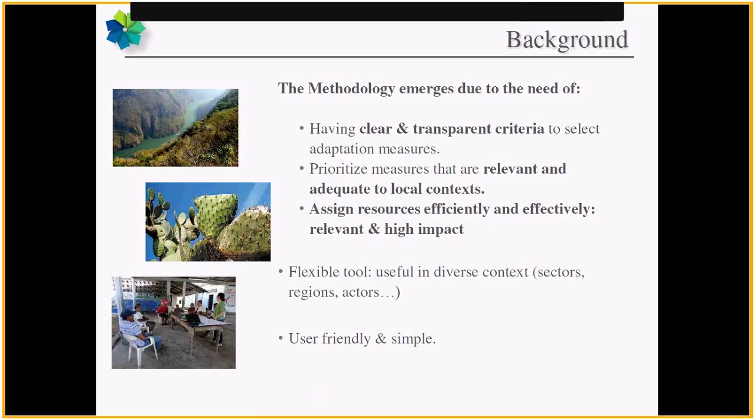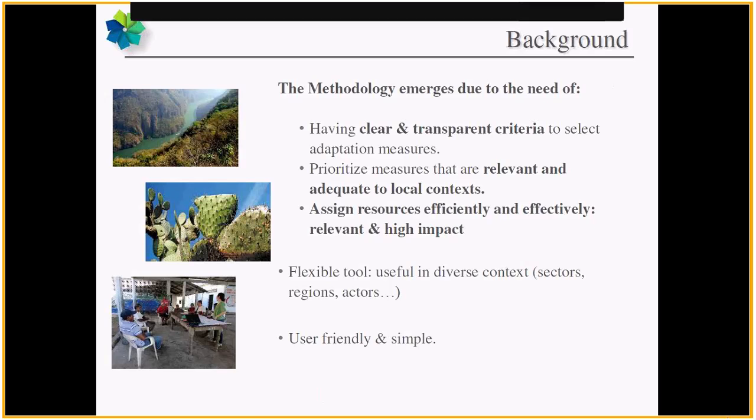Basically, the methodology emerges due to the need for clear and transparent criteria to select adaptation measures on the ground, and then to prioritize those measures once we have a portfolio of adaptation measures that are relevant and adequate to the local context and can feasibly be implemented in the territory.